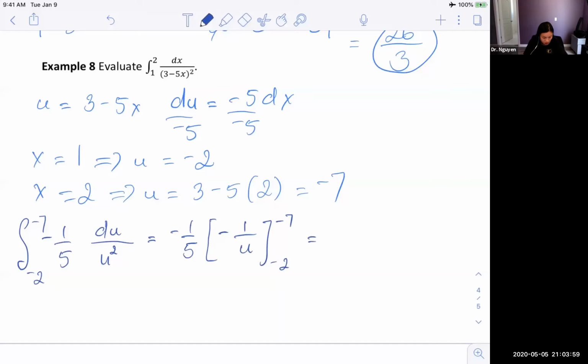So it turned into positive 1 over 5u, -2, -7. Okay.